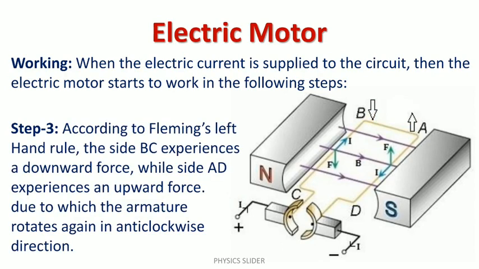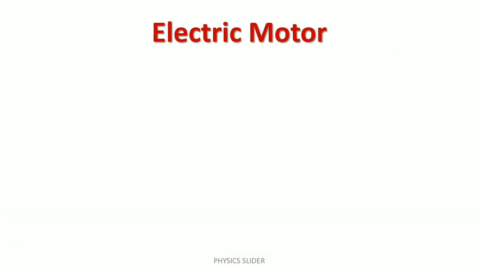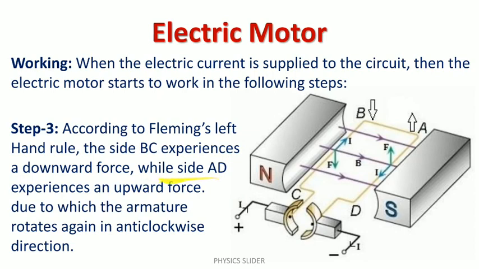So watch here. According to Fleming's left hand rule, the side BC experiences a downward force, we have discussed, while side AD experiences an upward force, we have discussed, due to which the armature rotates again in anti-clockwise direction, right?